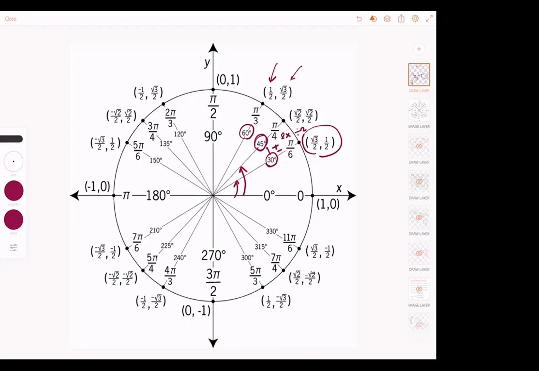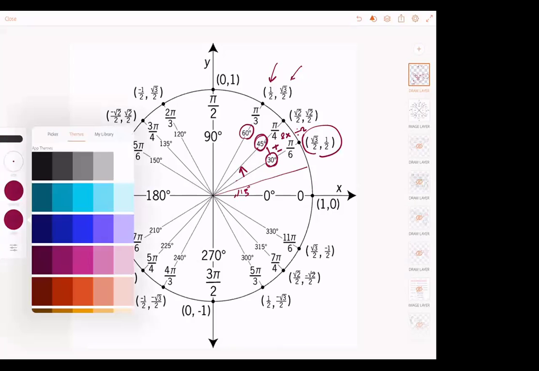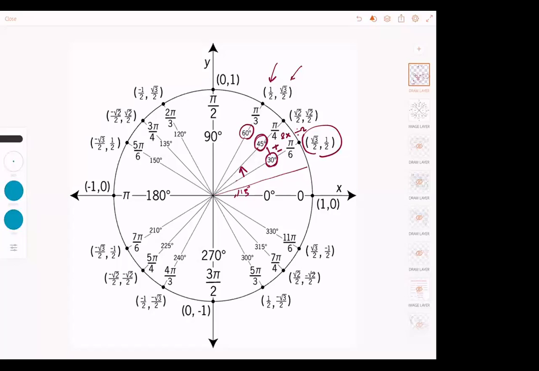For example, the beauty is with the half angle formula. This is 30 degrees, we can find the exact value of 15 degrees. Correct, Yvette? When we have the exact value of 15 degrees, we also can halve that one to find 7.5 degrees.